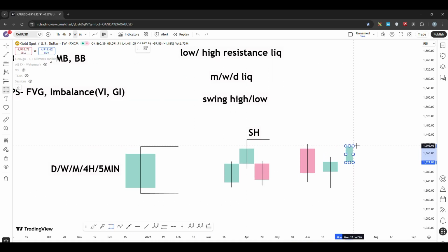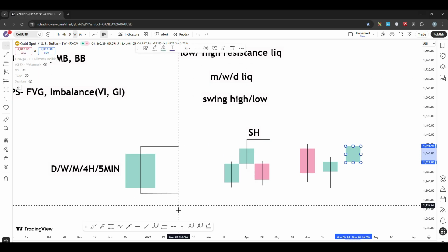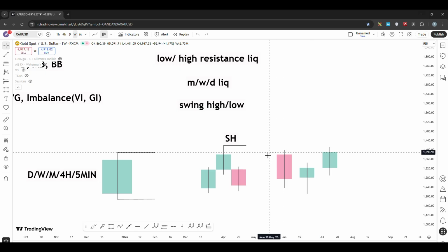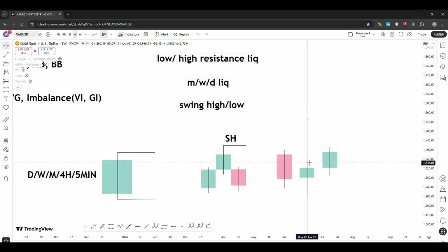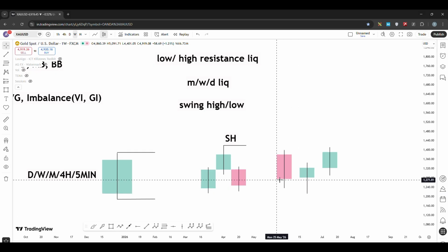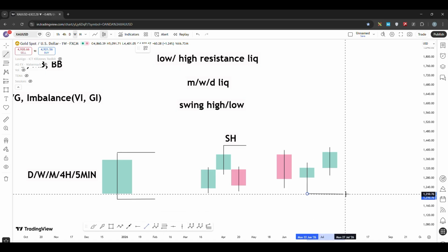Once again, the color does not matter. The concept is what matters. So here once again we have a 3 candle swing, where the low of the middle candle is below the low of the candles on both sides. This is called a swing low.